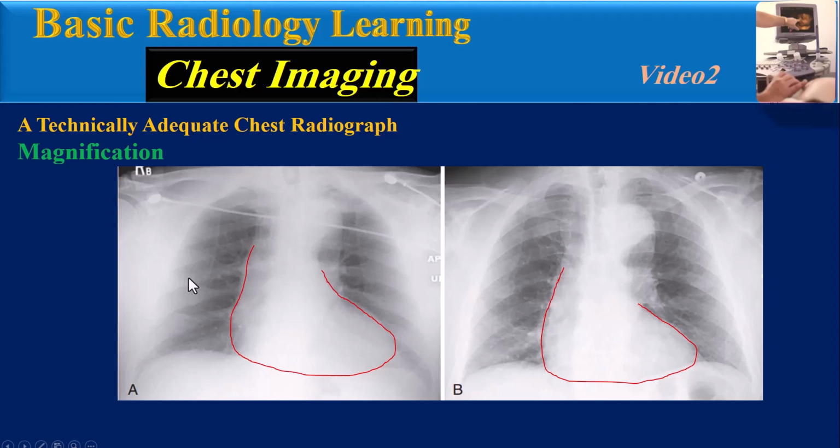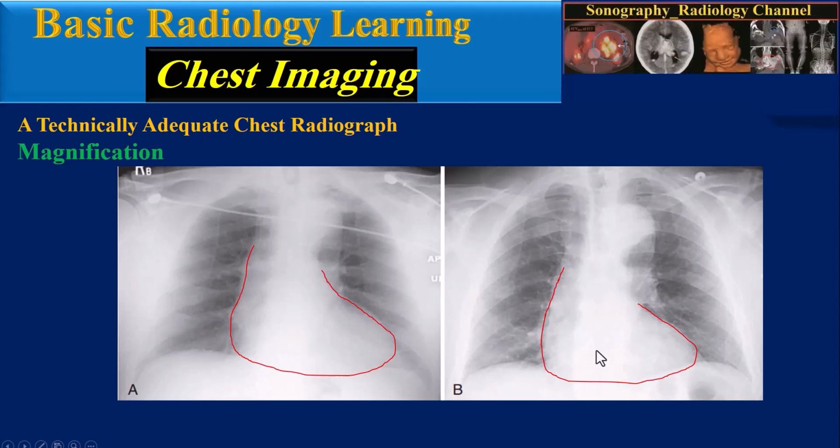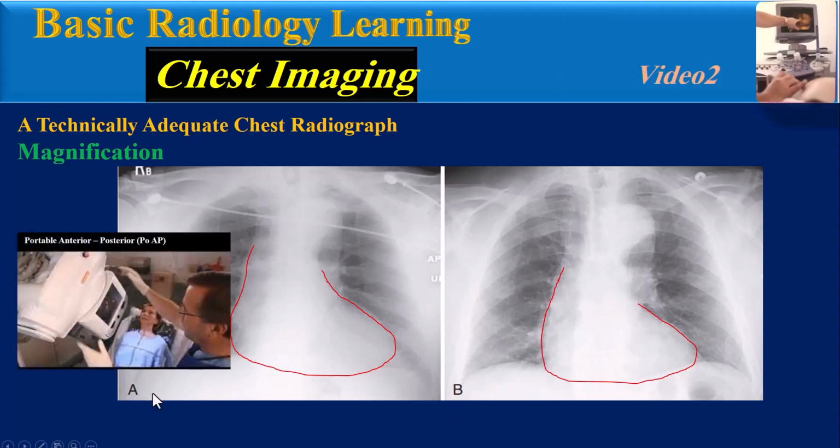In actual practice, there is very little difference in heart size between an AP and PA exposure so long as the patient has taken an equal inspiration in both images. Another reason the heart looks larger on a portable AP chest image than on a standard PA chest radiograph is that the distance between the X-ray tube and the patient is shorter when a portable AP image is obtained, about 40 inches.